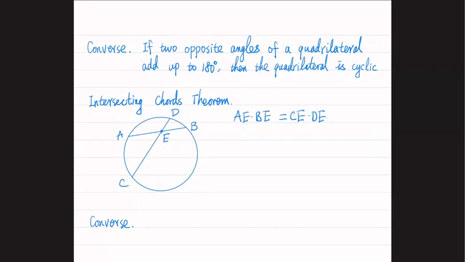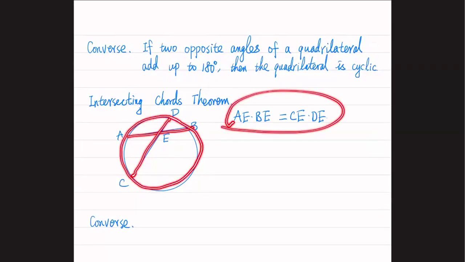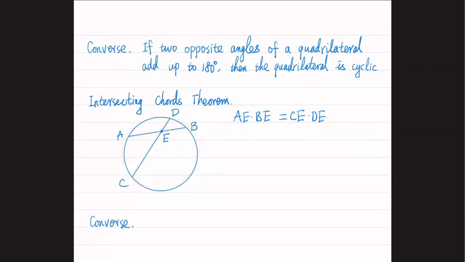Okay, it's on the right direction. If we have this, then these two chords are on the same circle. Yes. So now we know how to state the converse. So if AE times BE, CE times DE.